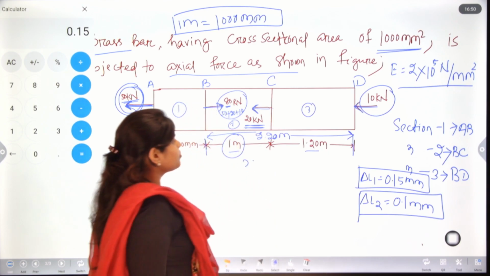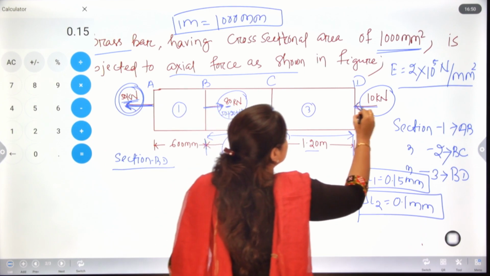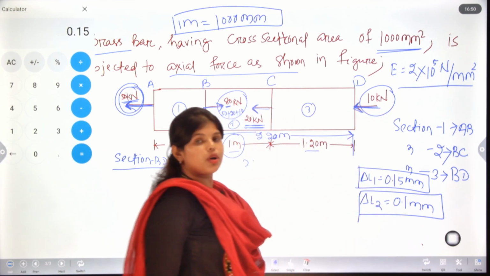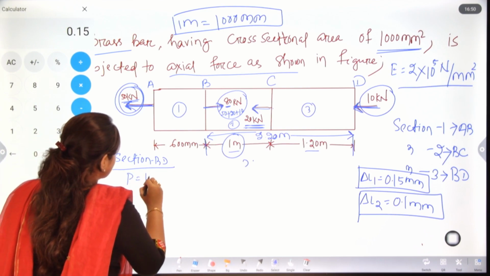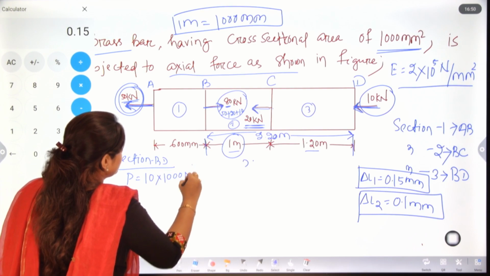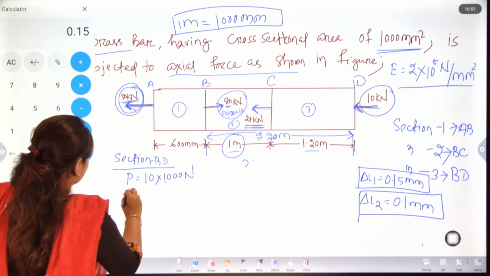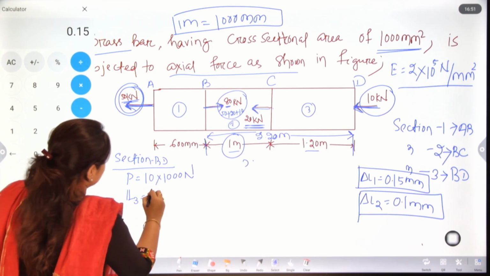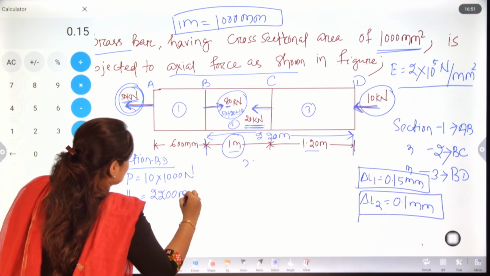Next, here 10 kilonewton of compressive load is there. So, P will be how much? 10 into 10 to the power 3 Newton, and your L3 is 2200 mm.